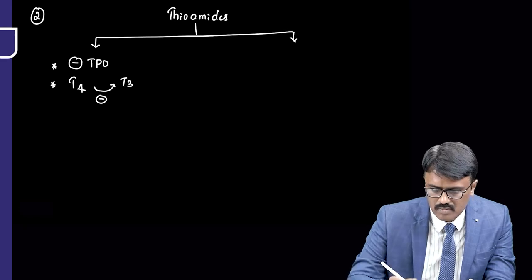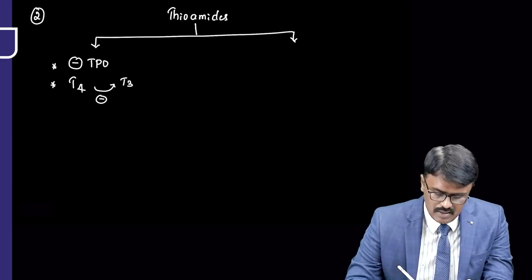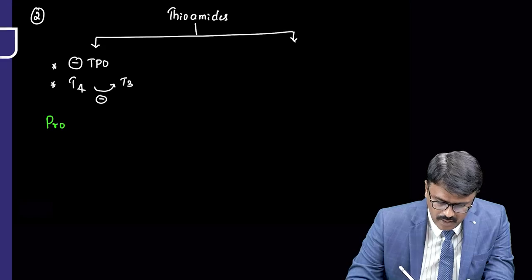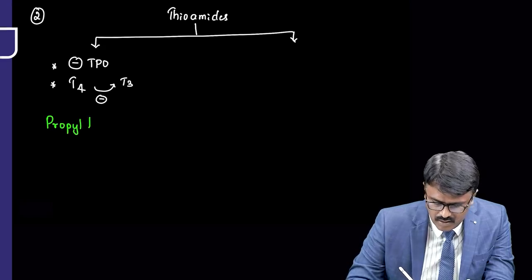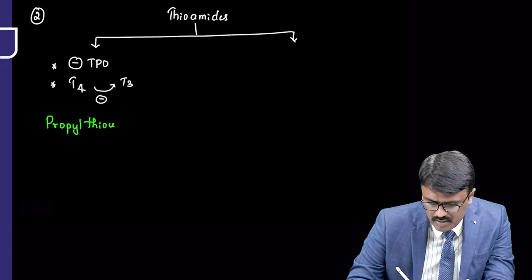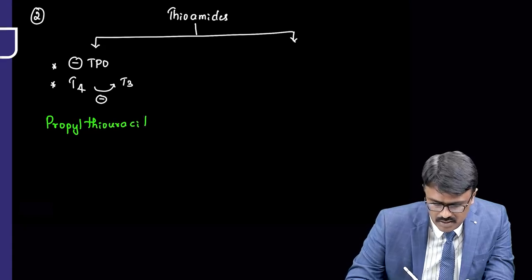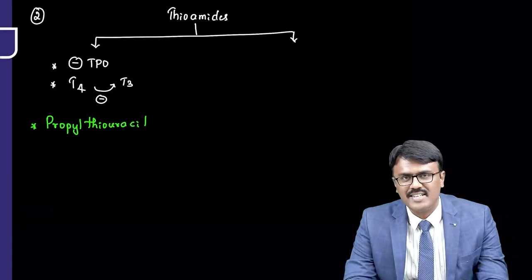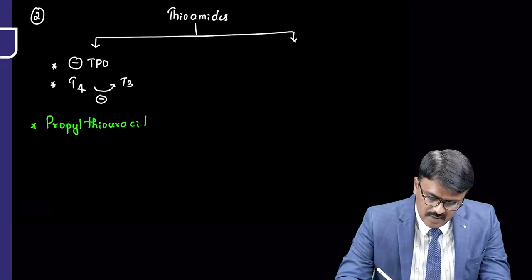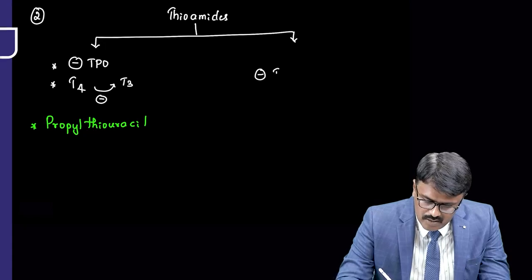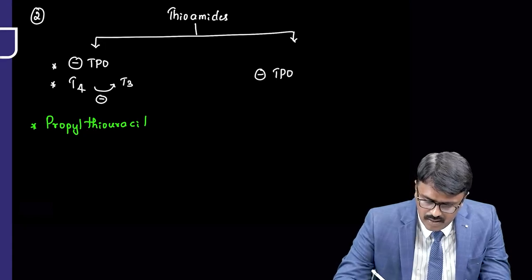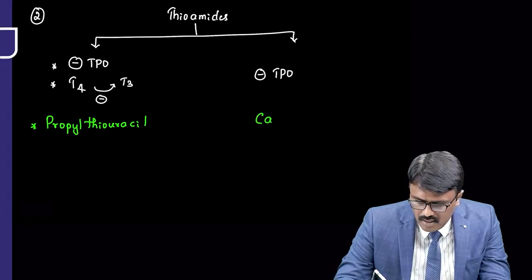The drug which has both mechanisms is called propylthiouracil. And the drug which inhibits only thyroid peroxidase is called carbimazole.